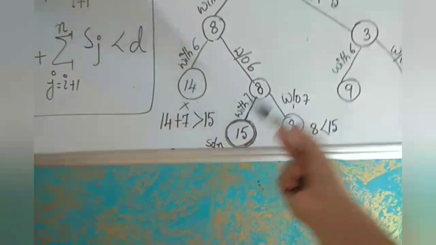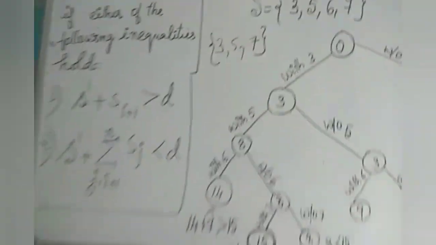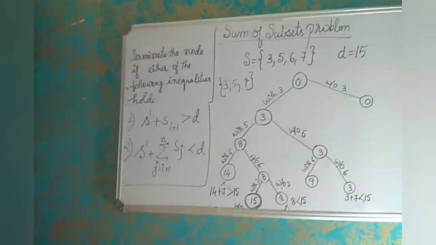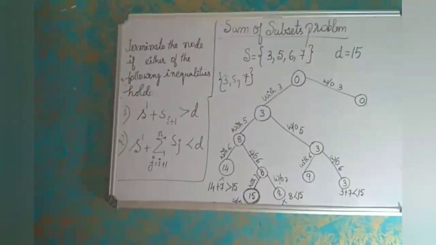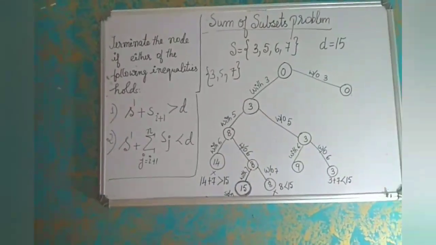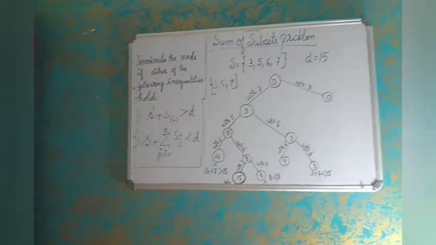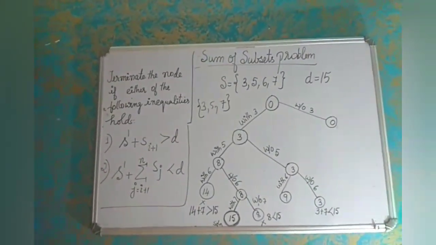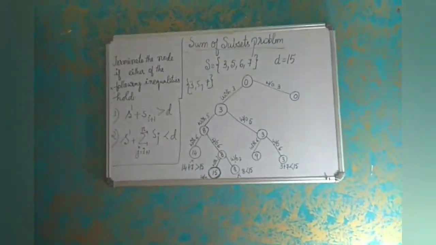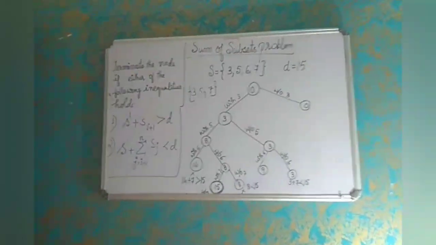And then it is with the 7, so that means we have considered 7. So this is actually 3, 5, 7. This is one of the solutions we got. So 3, 5 and 7 is a subset of S, and the total sum of these 3 elements is equal to 15. So that is one of the solutions.